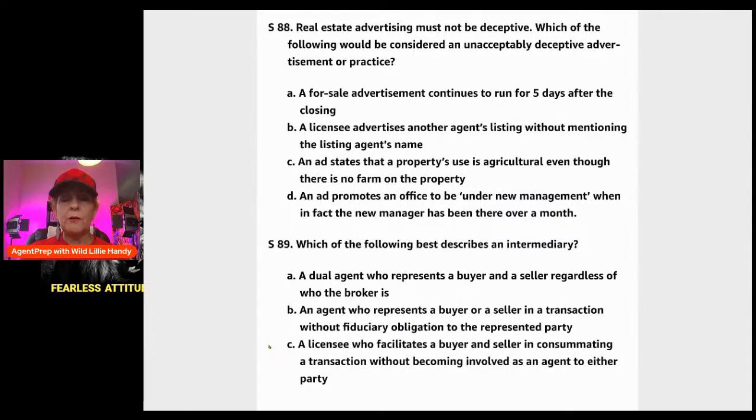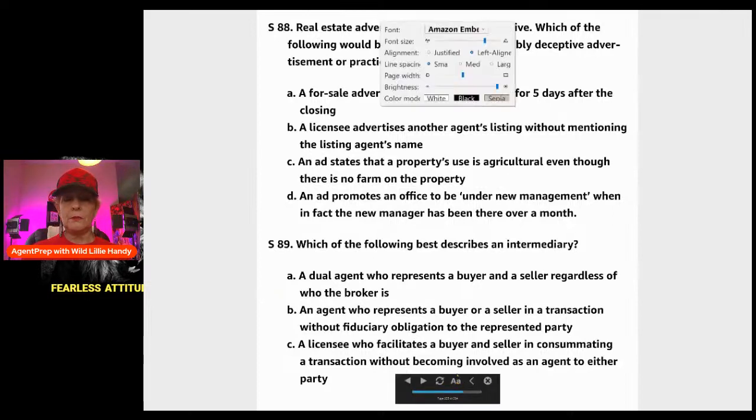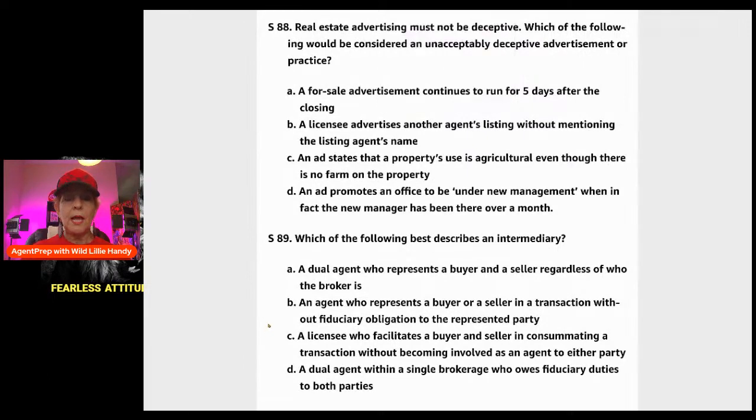Question 89: which of the following best describes an intermediary? A, a dual agent who represents a buyer and a seller regardless of who the broker is. B, an agent who represents a buyer or seller in a transaction without fiduciary obligation to the represented party.